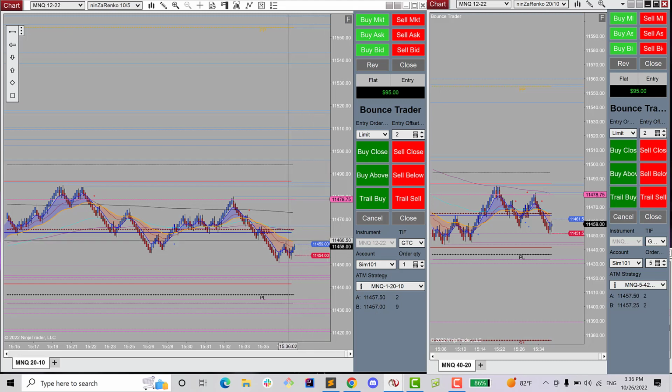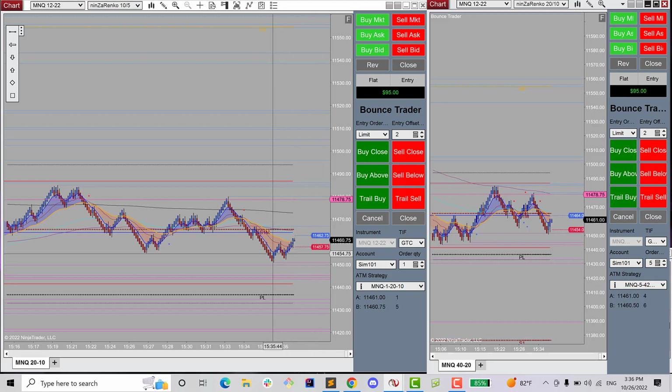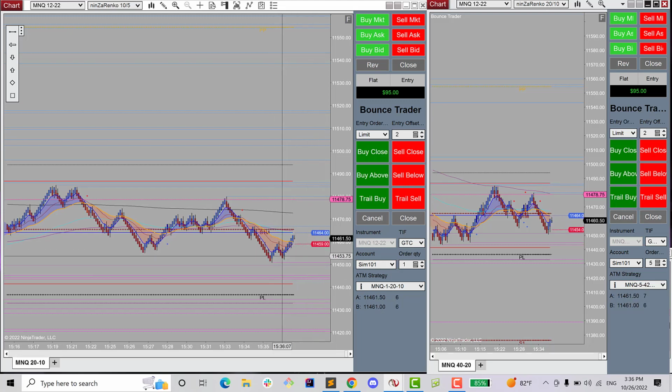It almost hit that EMA and it bounced, and my stop loss is predetermined in the ATM strategy, which would be a couple ticks below the signal bar, and take profit is just 2 bars.